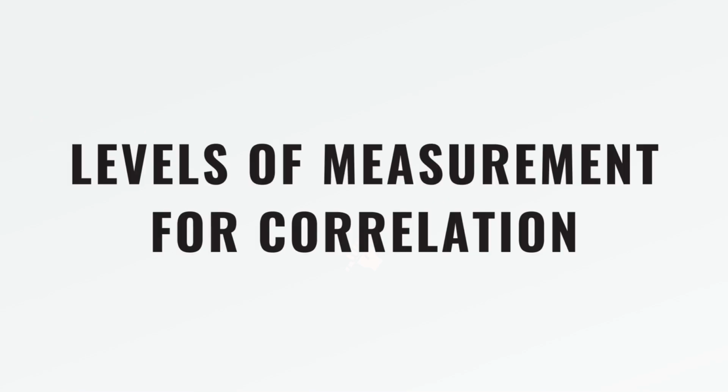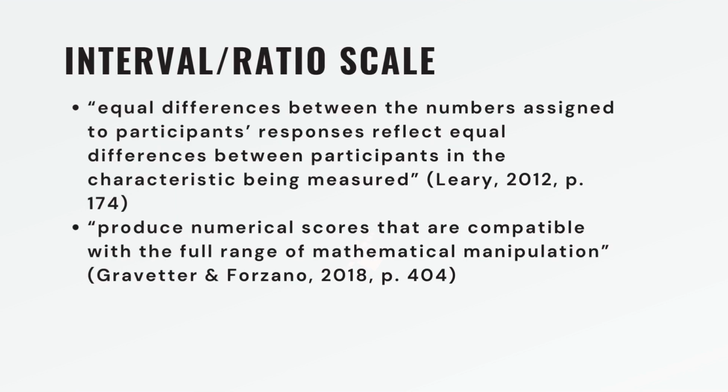So, what levels of measurement can be used for correlation? First, we have interval or ratio. According to Leary, for both interval and ratio scales, equal differences between the numbers assigned to participants' responses reflect equal differences between participants in the characteristic being measured.